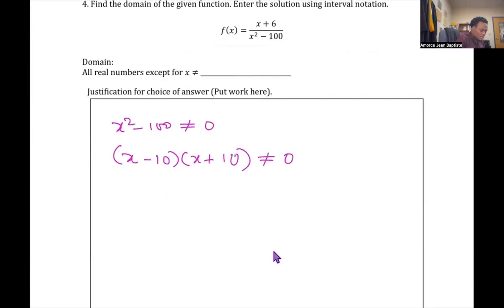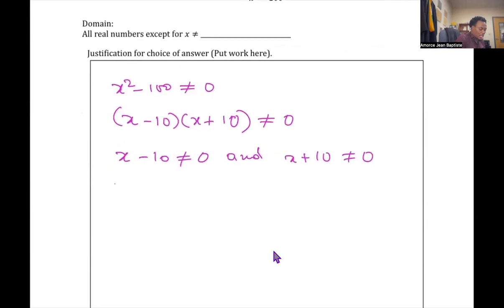So we want each factor not to be 0. We don't want x - 10 to be 0, and we don't want x + 10 to be 0. So that means x cannot be positive 10, and x cannot be negative 10.